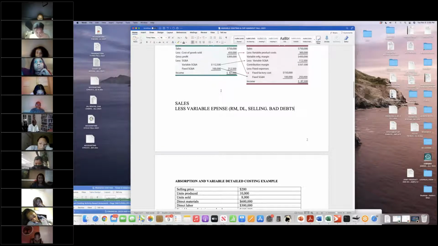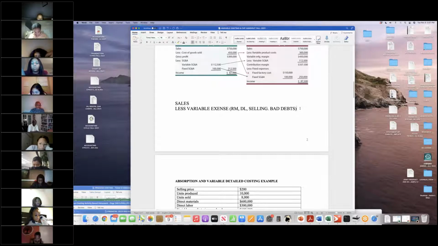So as we go forward, sales less the variable expenses. And these are going to be our variable expenses: raw materials, direct labor, selling, and bad debts.